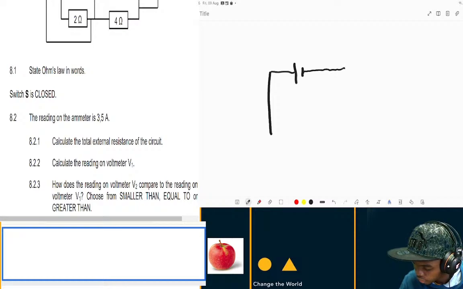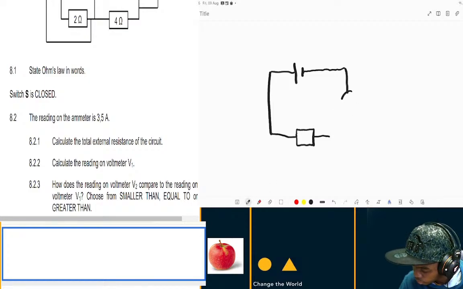So let's say we have a circuit, and on the circuit we have a resistor and an ammeter, right?